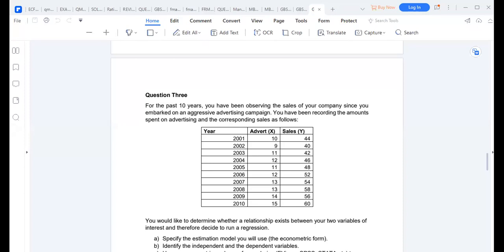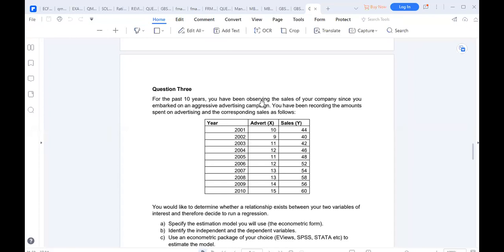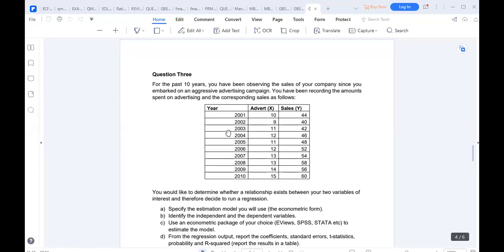What was your question? I was saying you need to identify your dependent variable and your independent variable. Your dependent variable is your output.